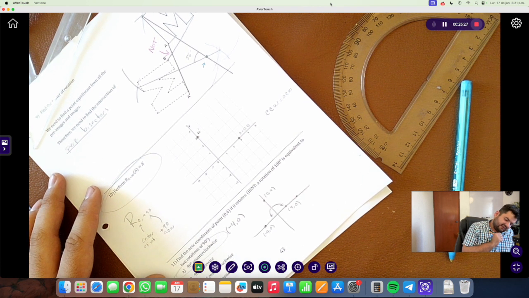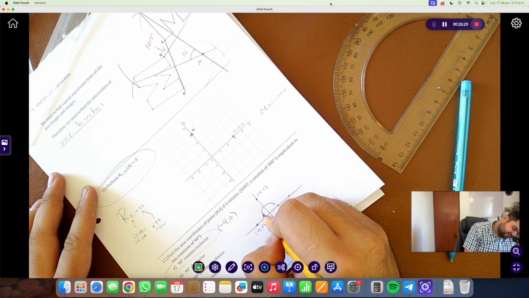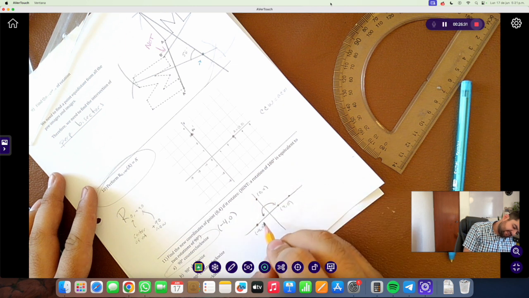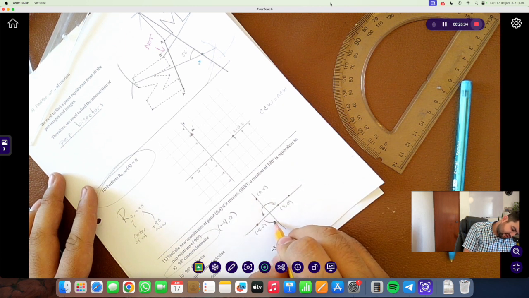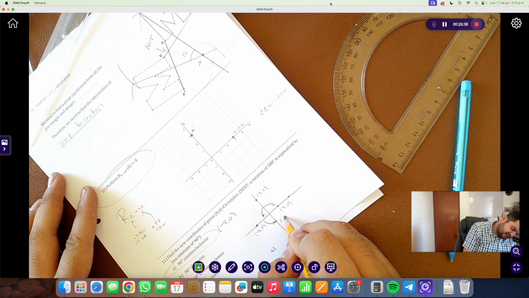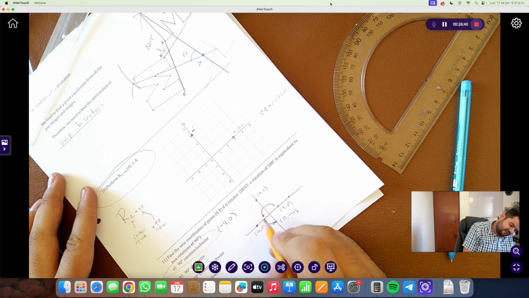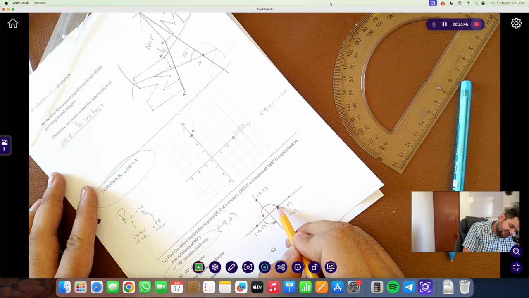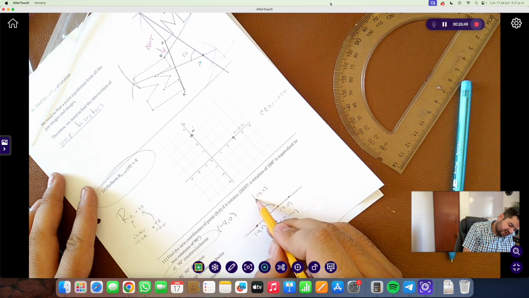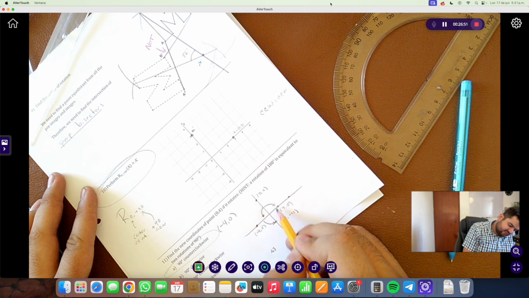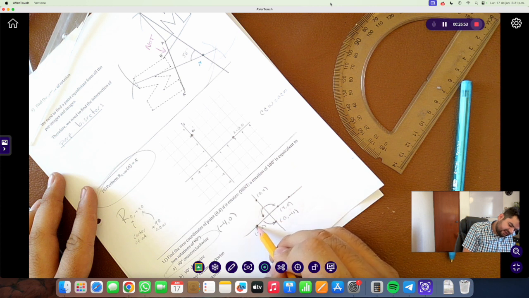180 degrees counterclockwise. So I apply 90 degrees and then I apply another 90 degrees. So it will end up here, 0, -4. So doing 180 is the same as doing 90 and then 90. And 270 clockwise. So I do 90, 180, and 270.